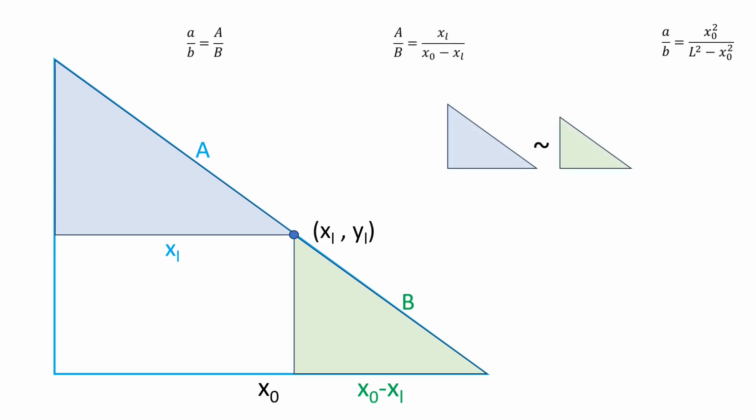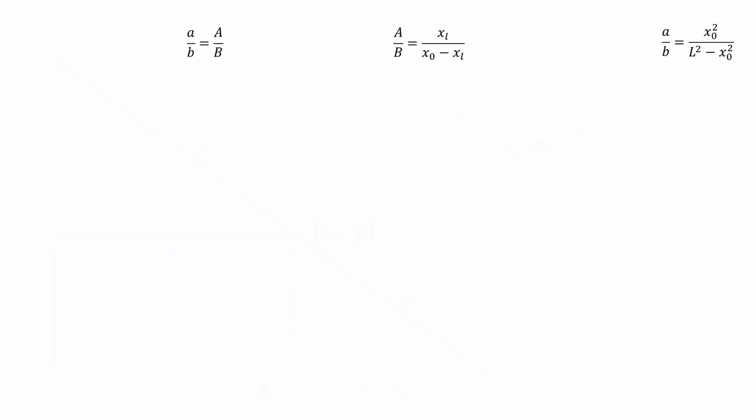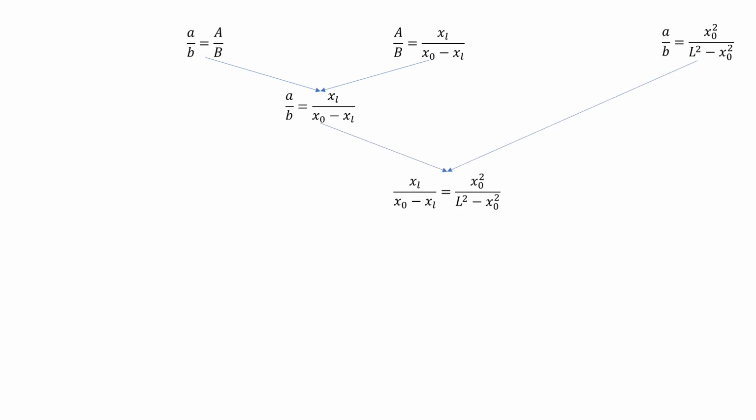Cap A over cap B equals XL over the quantity x0 minus XL. And now we can finally put away that convoluted diagram and deduce our formula using algebra. Combine these and get rid of capital A and B, and combine these two to get rid of little a and b. And now, huzzah, everything is in terms of x and that constant capital L.